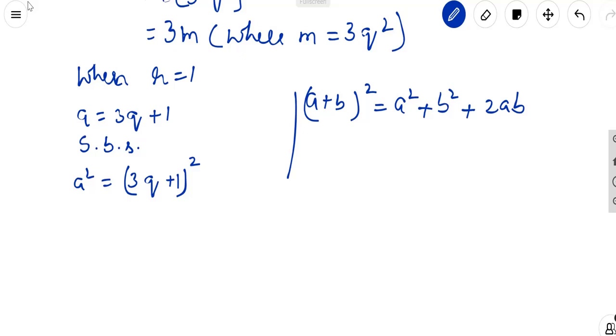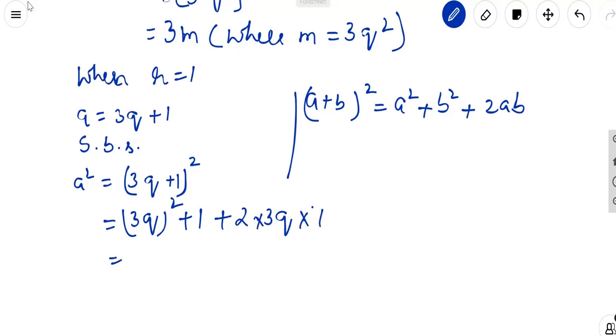Okay, so I will write this 3q plus 1 whole square in this form. So the equation becomes 3q square plus 1 plus 2 into, what is a here? 3q. What is b here? It is 1. So into 1.